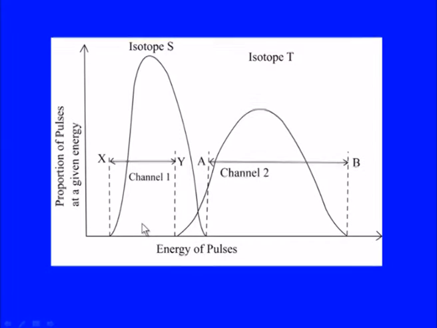Then it is removed from the counter and a small amount of standard material of known disintegration, say B, is added. Then the sample is counted again, giving C counts per minute, and the counting efficiency of the sample is calculated by this formula: 100 times (C minus A) upon B, in percent.